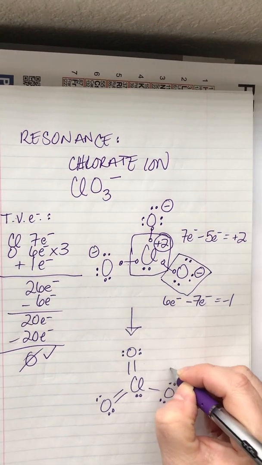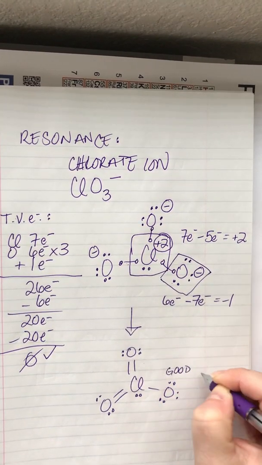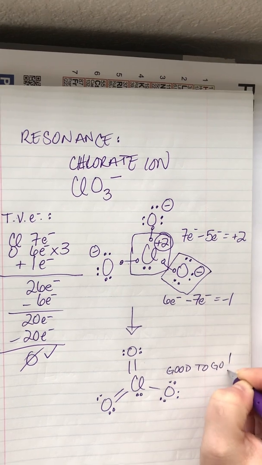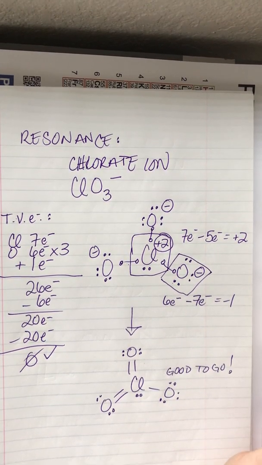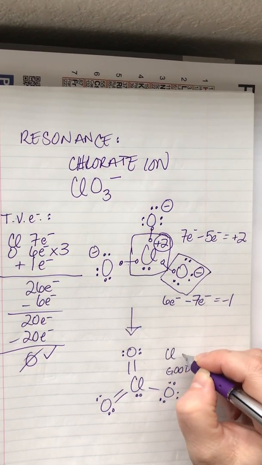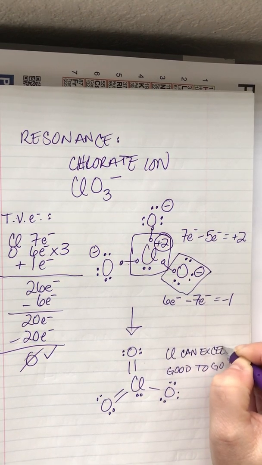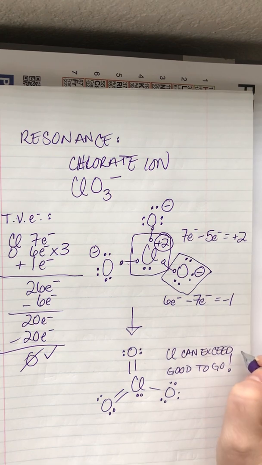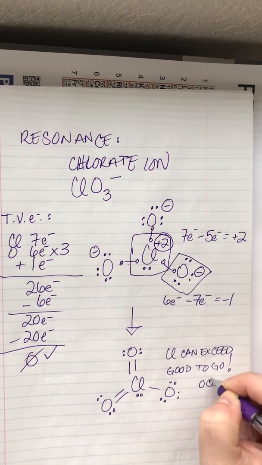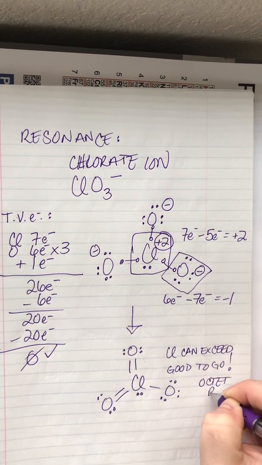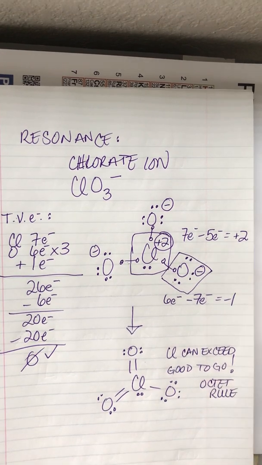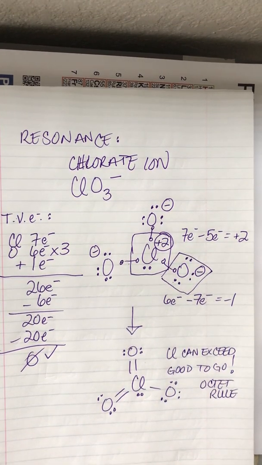So this is good to go, because chlorine can exceed the octet rule. Gotcha.